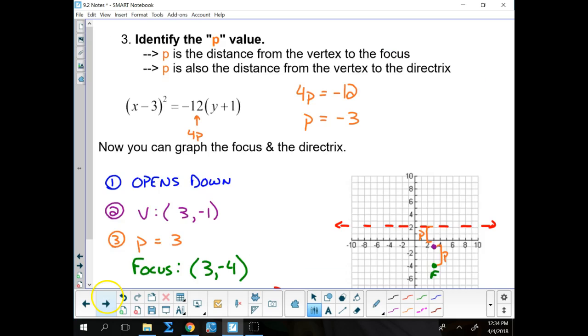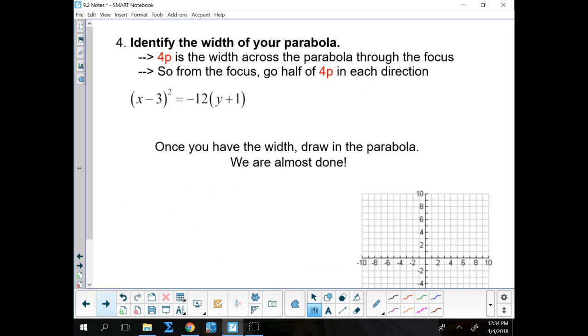Now, the next thing is that 4p number is also what I like to call the width of the parabola through the focus.